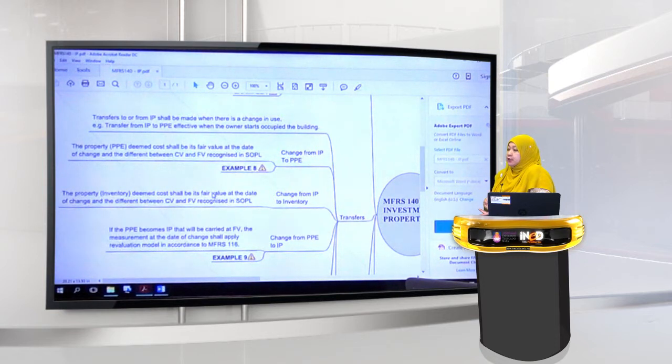So let's say, for example, if the fair value of the investment property is 1 million, and we decided to change from IP to PPE, then the fair value at the date of change will become the value of the property classified under PPE.